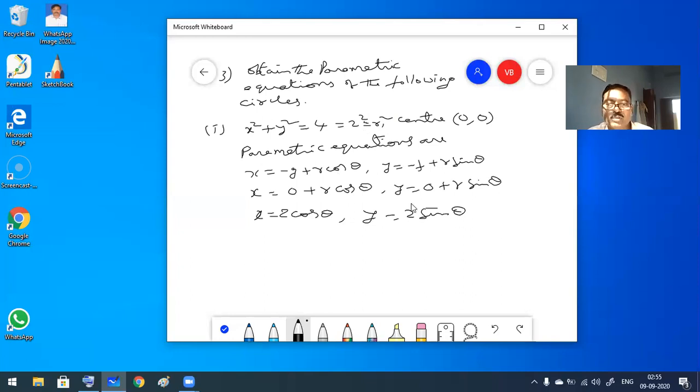So r is equal to 2 here. Okay, so center 0 0 and r is equal to 2. Therefore x is equal to 2 cos theta and y is equal to 2 sin theta are the parametric equations. Okay, now right. We will do the second one.